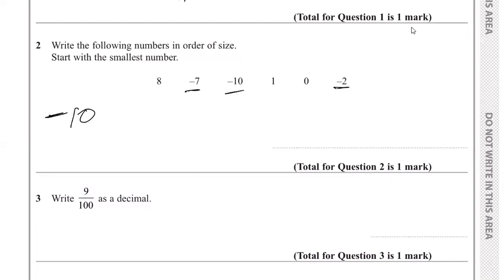That will be the smallest number there. Next we have negative 7. Just picture the number line. Then we have negative 2. Next we have 0, 1, and 8. So that's from the smallest to the largest.